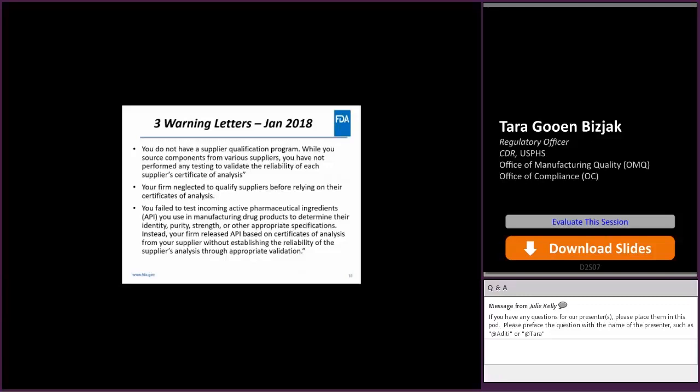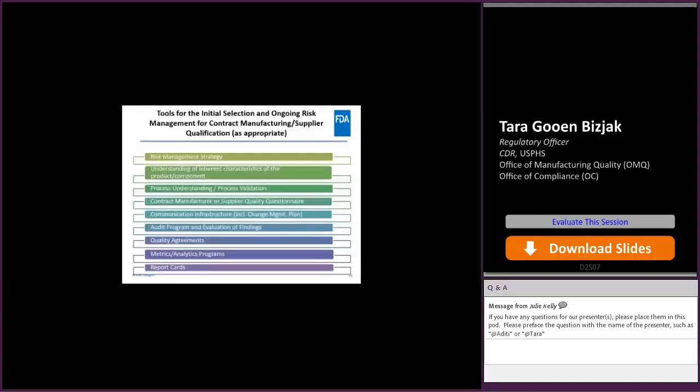Okay, so as I mentioned in terms of the warning letter trends, this is definitely a trend that we see and that it's important for you to be aware of when selecting the right companies to contract with. Okay, so here are just a few tools for that initial selection process and the ongoing risk management to oversee your contract manufacturing and supplier qualification.